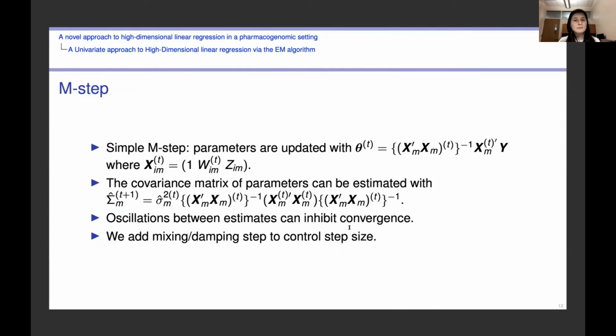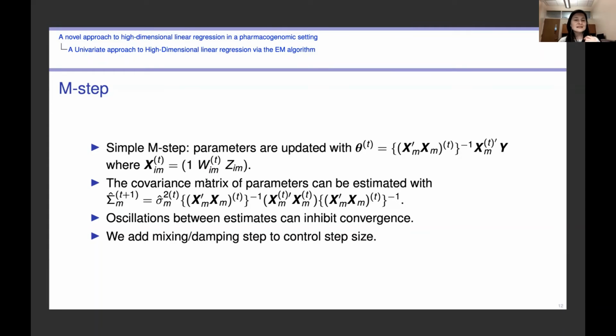In the M step, we've also been able to formulate something fairly simple to get estimates for coefficients for the model. We're able to do something that looks like least squares regression, where, once you break it down, you see that we have our predictor of interest and the latent confounder.